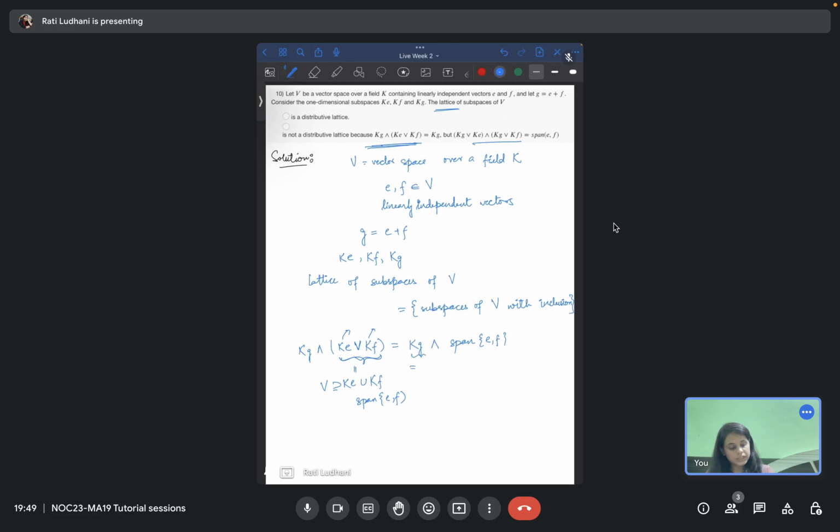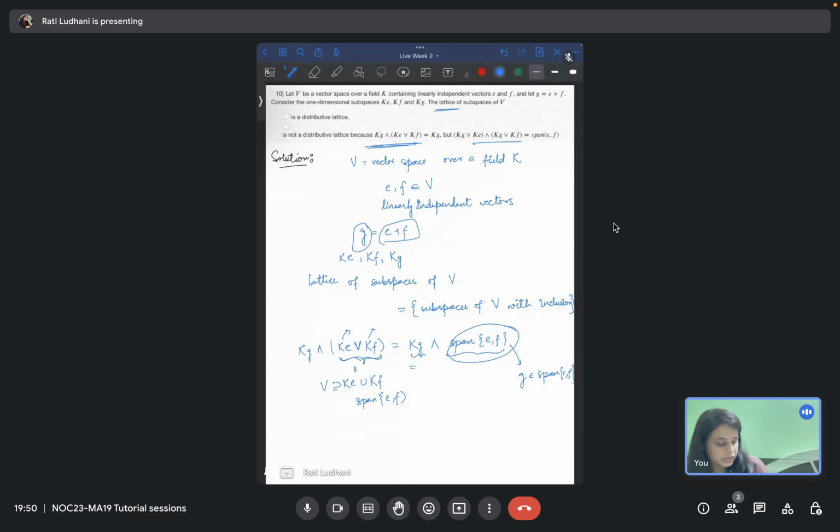Now KG intersection span of E and F, what will it be? Firstly, let's check what the span of E and F is. E and F give G, so G belongs to the span of E and F. E and F are linearly independent vectors, so the span has to be two dimensional, because E is not of the form kF, or F is not of the form kE for some scalar k.